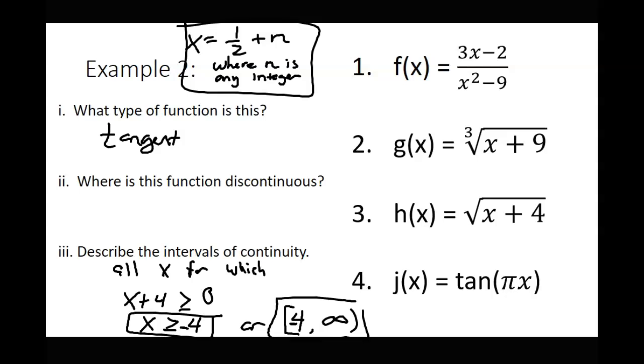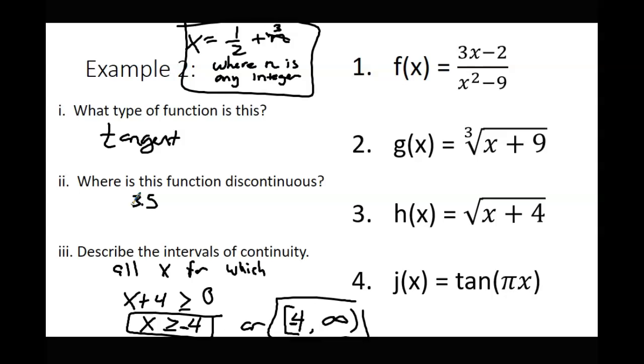So if n is an integer, give me an example of an integer real quick. 3. You don't need to write this, just watch. But if that's 3, what's 3 plus 1/2? 3.5, right? So that means when x equals 3.5, there's a hole in our function.